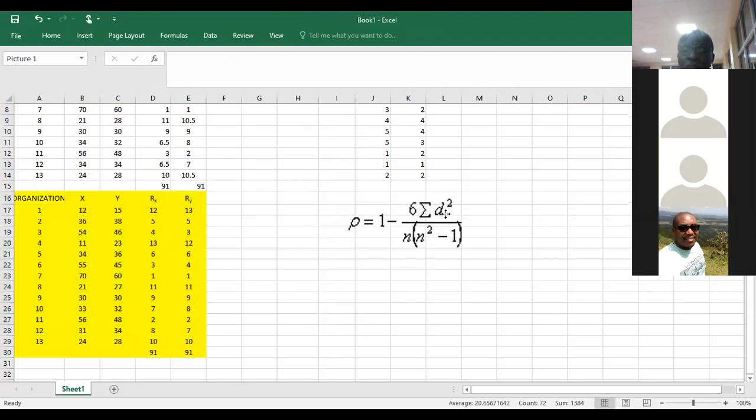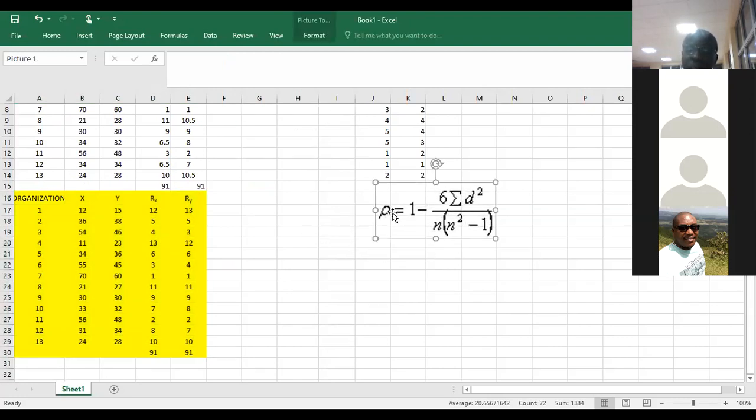So what does this model tell you? Rho is here. You want to determine D, where D is the difference between the ranks. So I determine D, which is equal to R of X minus R of Y. It doesn't matter which one you subtract from which. Why? Because you're going to square them, aren't you? Yes.